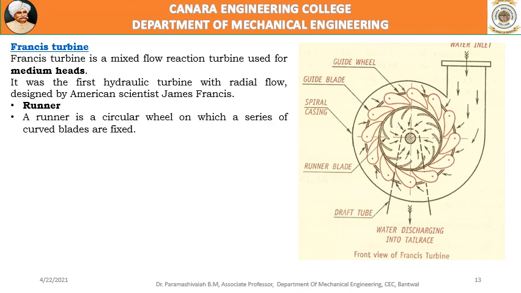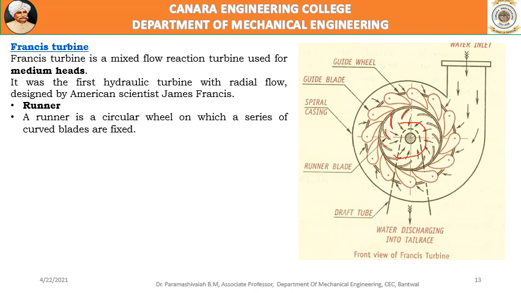So here the parts of this turbine are: number one, the runner. A runner is a circular wheel on which a series of curved blades are fixed. Now we can see here, the inner one is the runner or the rotor. On this you can observe a series of blades fixed.